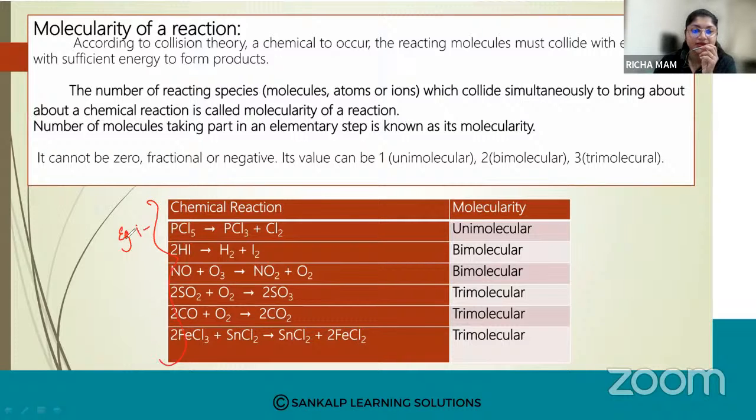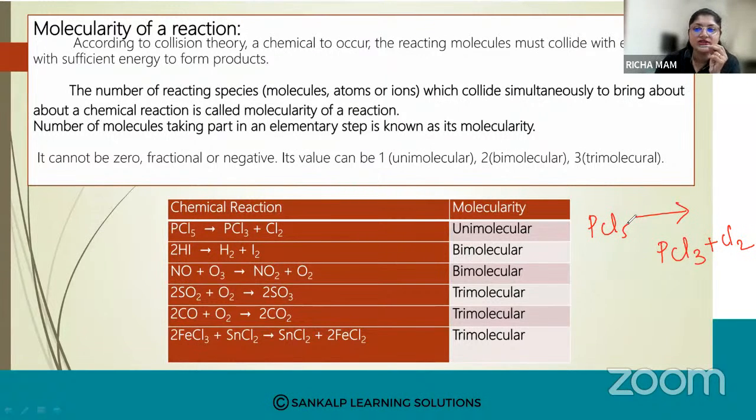Now here, the first example is PCl5. PCl5 means phosphorus pentachloride. Phosphorus pentachloride is undergoing a decomposition reaction. Decomposition means it is breaking down. PCl5 is breaking down to give you PCl3 plus Cl2.